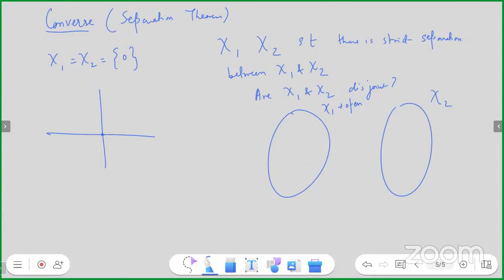Think of the affine function A transpose X minus B. What should it evaluate to at any point here? Strictly less than 0. Why? Because there is a strict separation. Okay. Is that all there is to it?